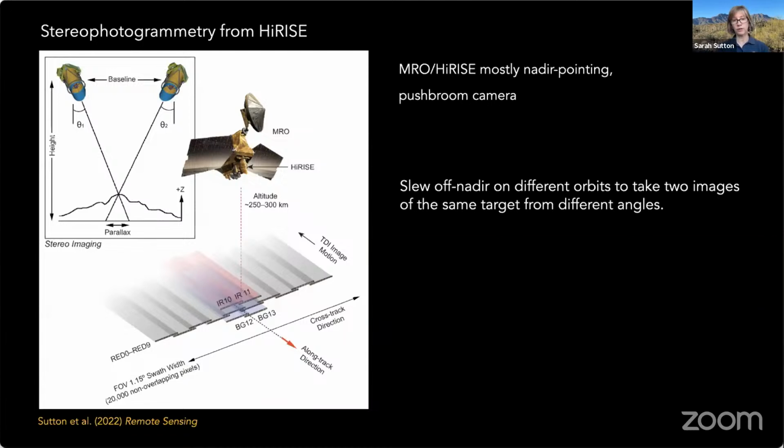So the surface topography. So we can reconstruct a portion of the surface of Mars in high resolution topography using this. So this is what the stereophotogrammetry term encompasses. Stereo meaning two images, photogrammetry meaning making measurements on photos.